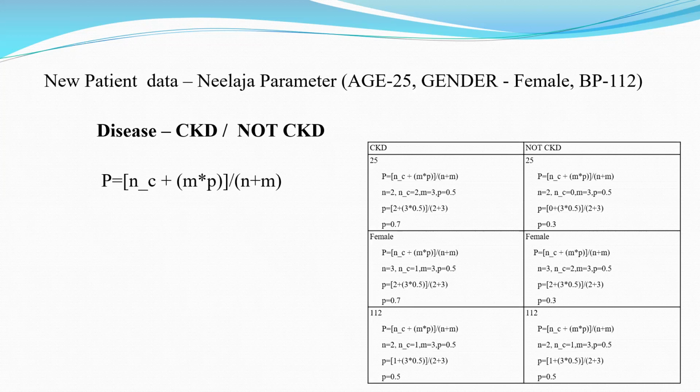For female, that is the gender, having CKD, we have got the final value 0.7, and for not CKD, we have got the value 0.3. Considering the BP rate, that is 112, we have got the final value as 0.5 and not CKD as 0.5, the same.